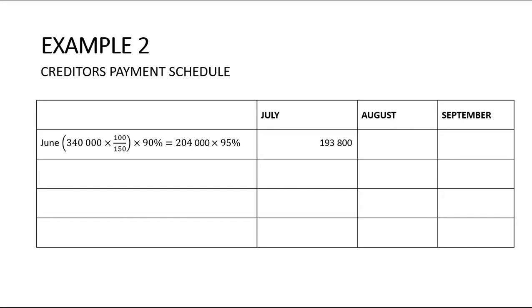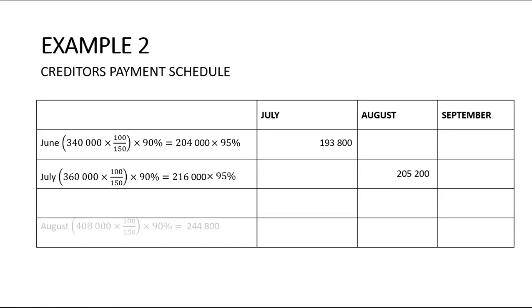You also have cost of sales for July. How much were they? You're going to take those cost of sales for July because the cost of sales represents total purchases. Times it by 90%, it'll give you 216,000. Of this 216,000, we are going to pay only 95% of that. And because those were July purchases, we'll pay them in the month following the purchase, which is August.